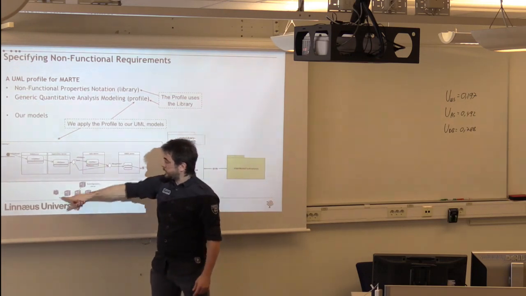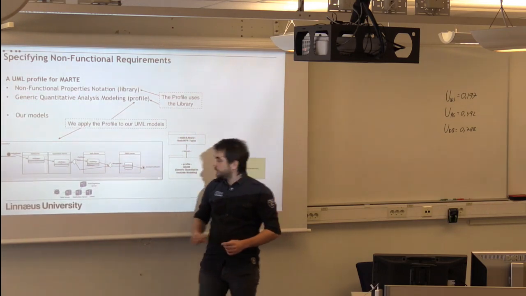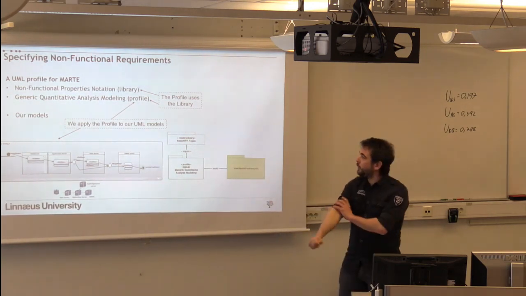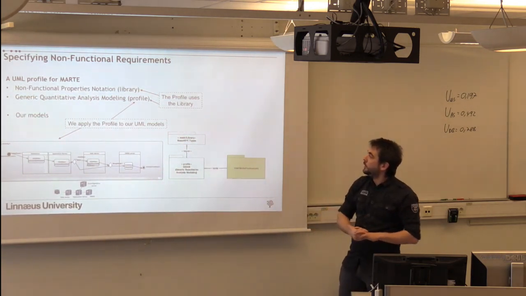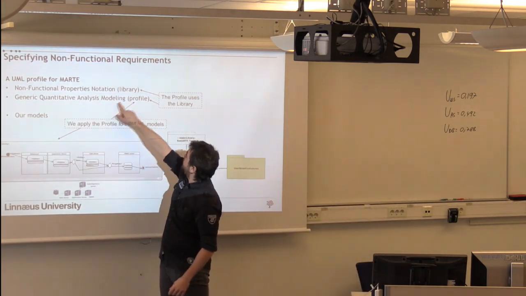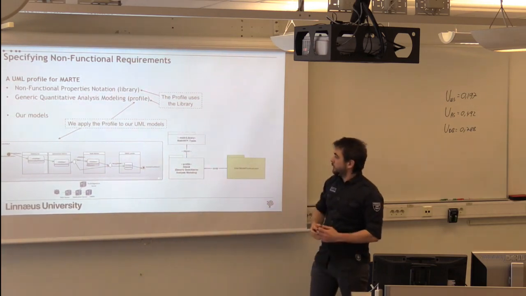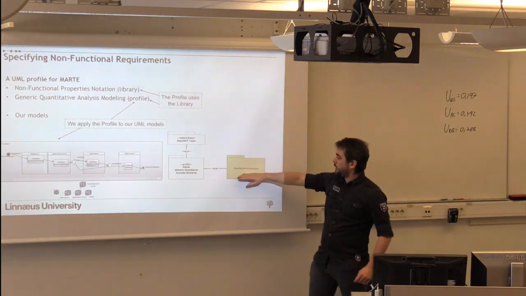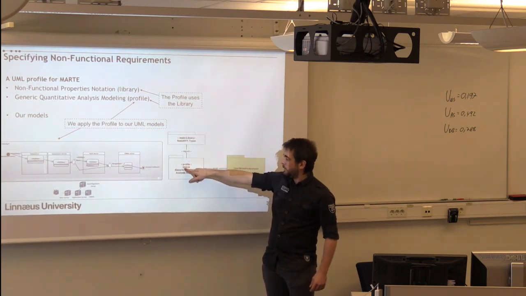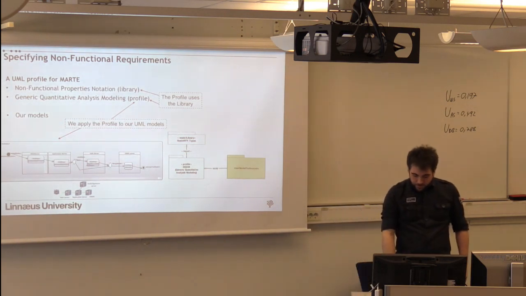I use this instead of the one with 3 so we can see how to represent the probabilities, because in the original one with 3, we would not see how to add the probabilities in the UML model. So when we have a UML model, we will apply the profile, and the profile uses the data types. And this is the package representation: we have our model, and we will apply some part of the Marte profile that imports some data types.